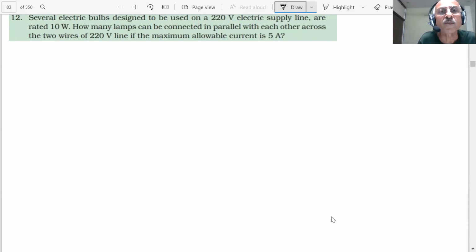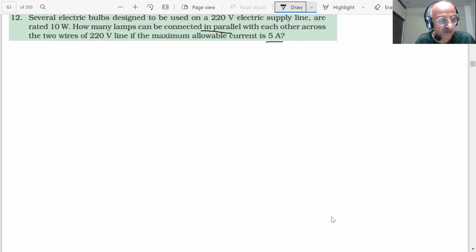Several electric bulbs designed to be used on a 220-volt electric supply are rated 10 watt. How many lamps can be connected in parallel with each other across the two wires of the 220-volt line if the maximum allowable current is 5 amperes?